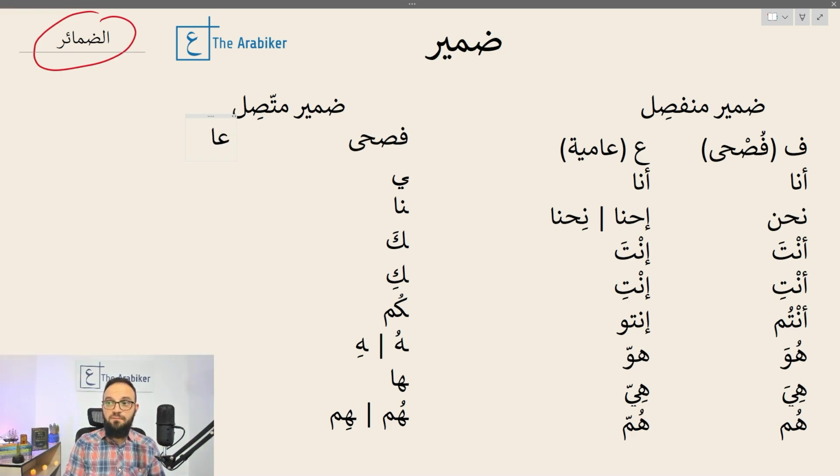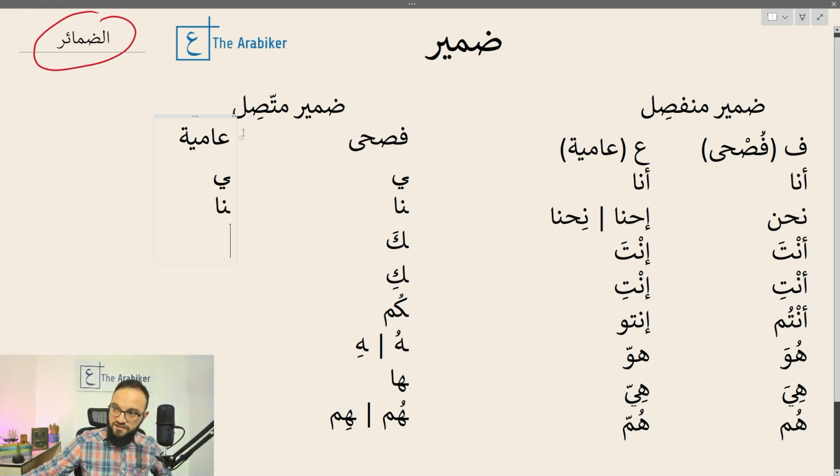So in Ammiya we have the same i, and we have the same na. Now for the second person we have something interesting here. Do you see this fatha there that says ka and here says ki? In the dialect we put it on the previous letter, generally speaking, with some few exceptions.